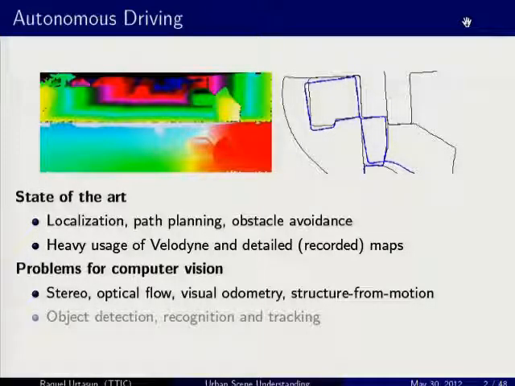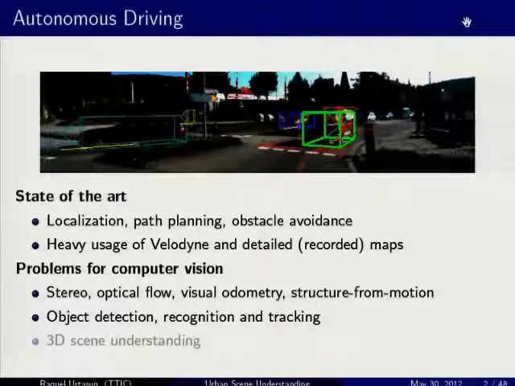Okay, so now if we want to do autonomous driving using computer vision, what do we need to solve? So we need to reason about 3D, right? So we should be able to do stereo. We need to reason about motion, right? Optical flow. We need to understand how we are moving. We need to do visual odometry, structure from motion. We also need to detect objects, particularly dynamic objects. We have to do this in 3D, right? We need to know where we can actually drive.